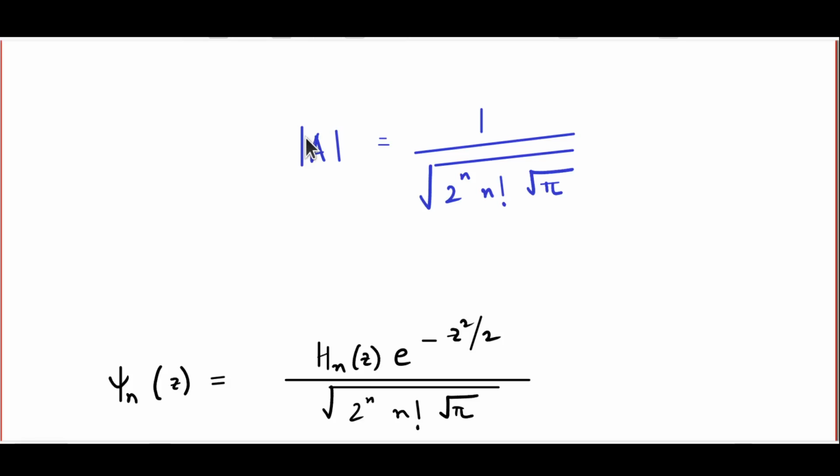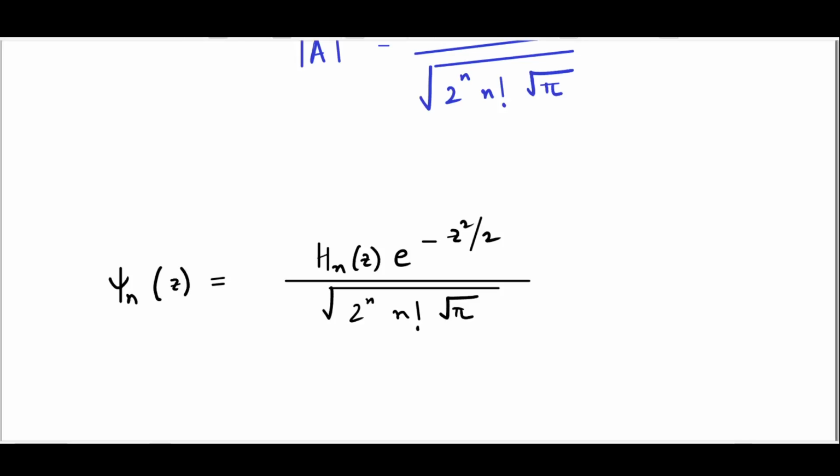So we finally end up with psi n(z) equals H n(z) e to the minus z squared by 2 divided by the square root of 2 to the n factorial root pi. So this is our normalized nth energy eigenfunction, but this has been normalized using the variable z.